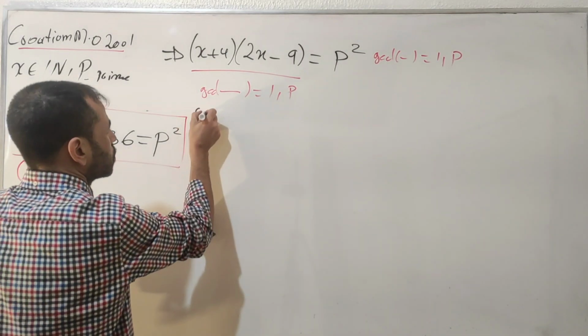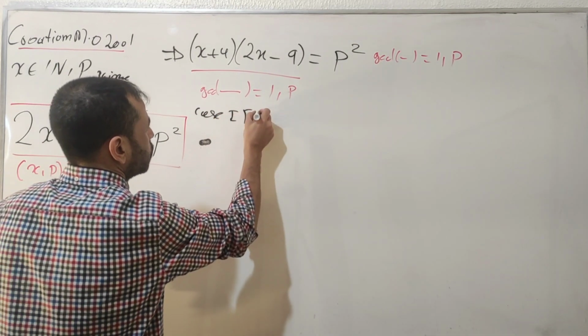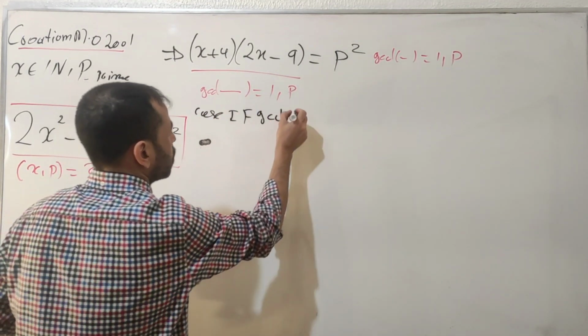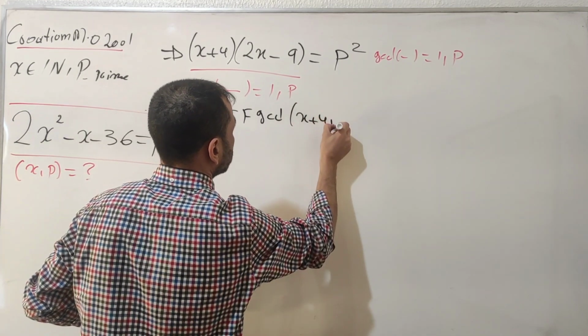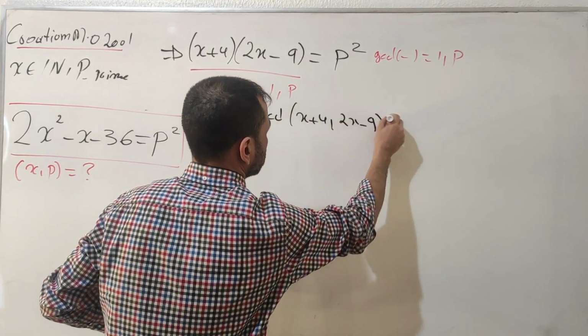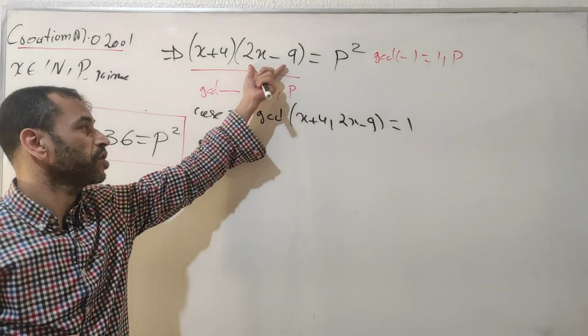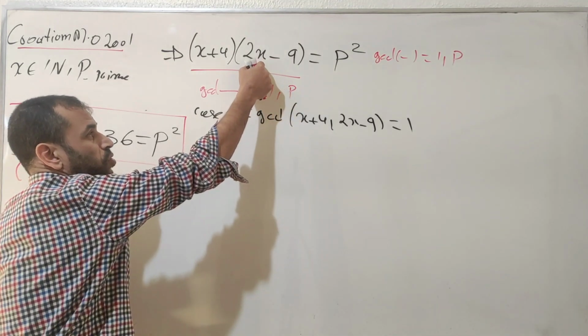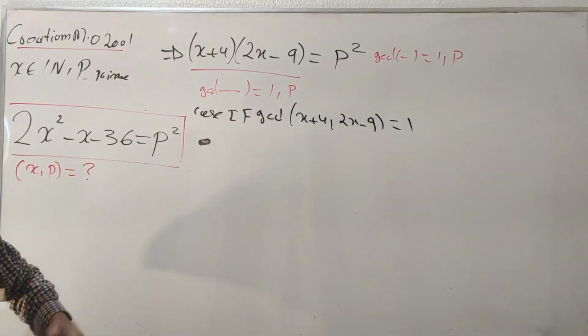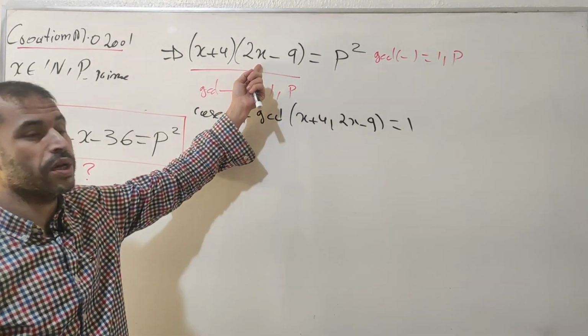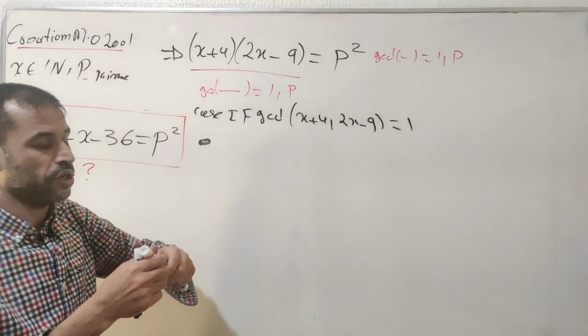Case number 1: the GCD of x plus 4 and 2x minus 9 equals number 1. So what's going to happen here? I'm going to get some information about this linear combination. This is verifying the basic theorem, because this will have a linear combination.